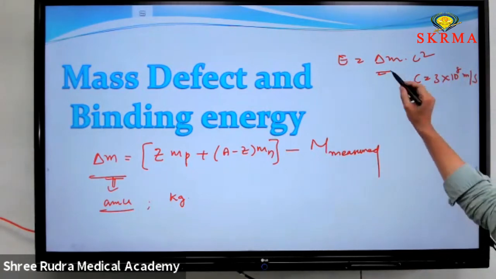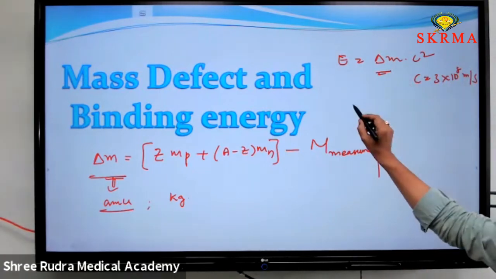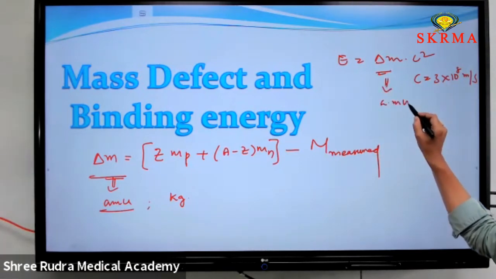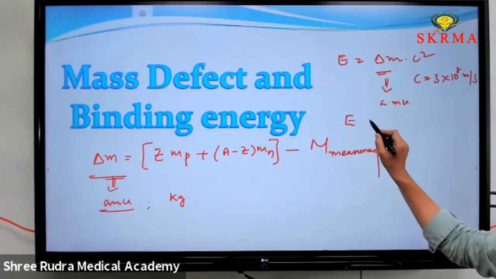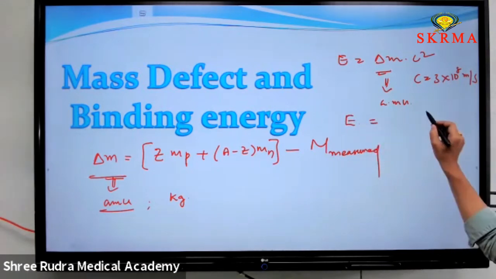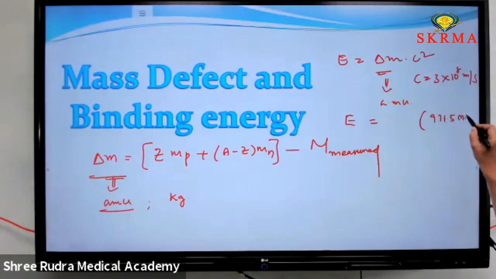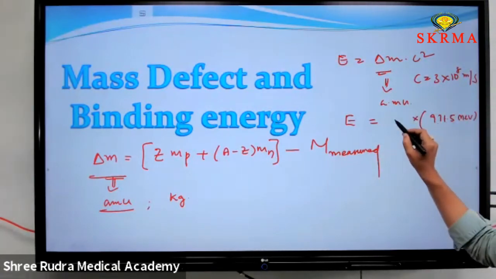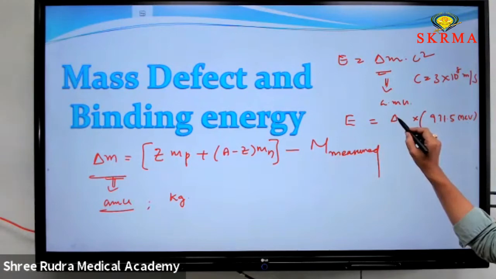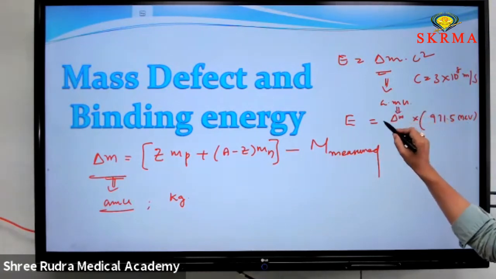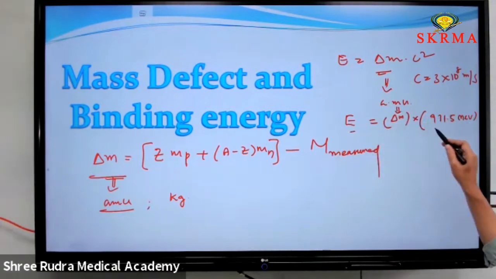Whenever you express delta M in atomic mass units, in our problems the energy comes in MeV, with the factor 931.5 MeV. If delta M is expressed in AMU, then the energy comes as 931.5 MeV.